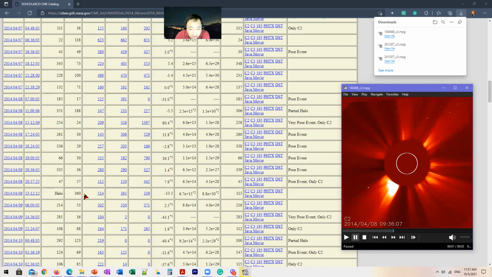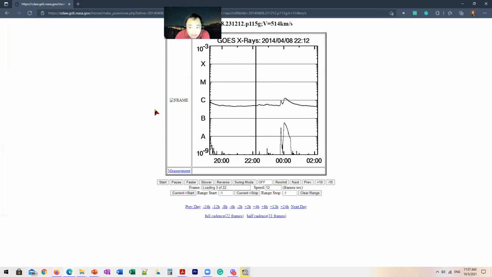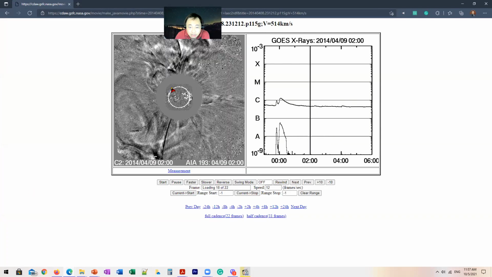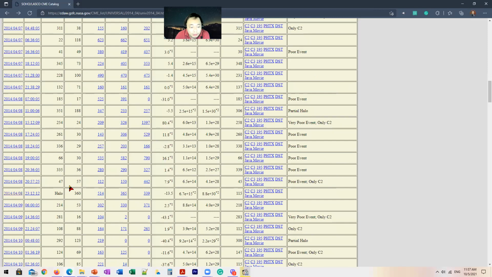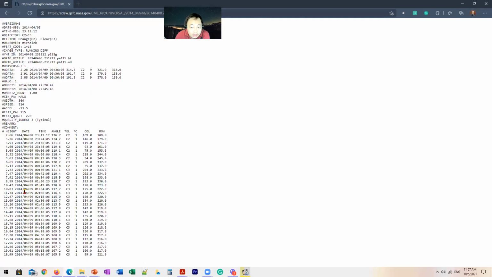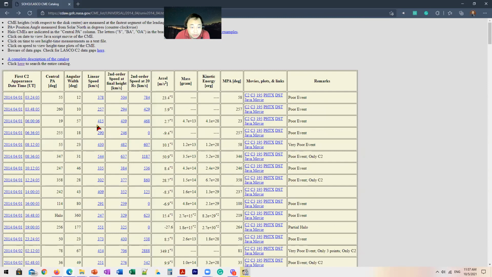Oh, sorry, this is the CME that we're talking about, not the other way around. This is a CME. And then this is the data itself. So height is a function of time. Here, the first column is linear speed, and the second is second order linear speed, if it's accelerating.